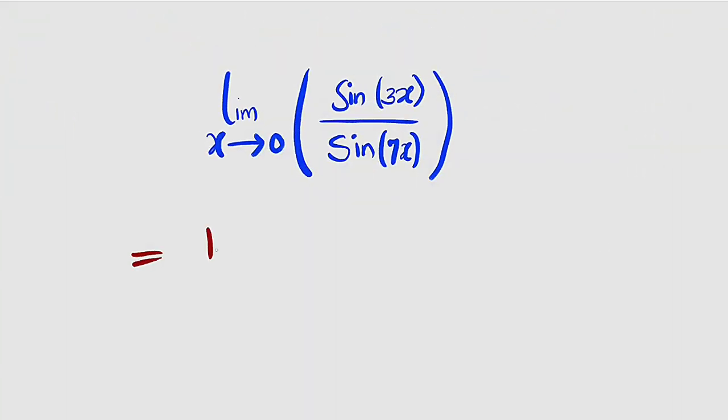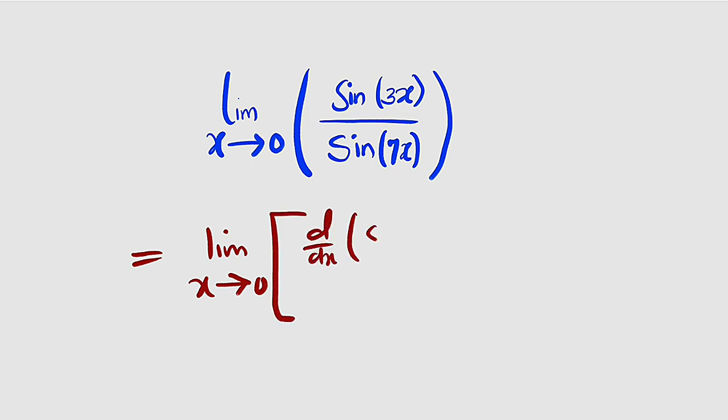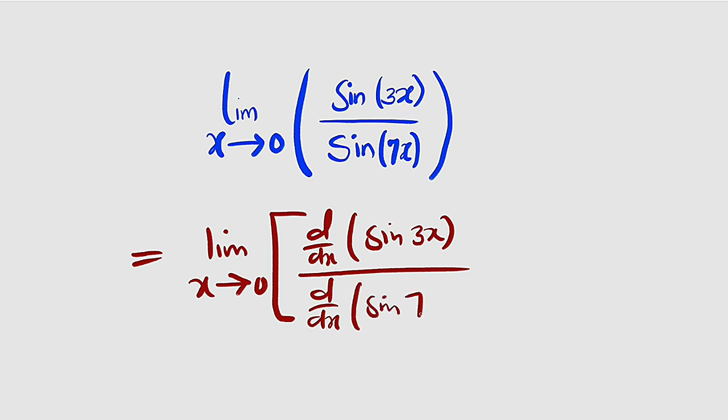This is the same thing as the limit as x approaches 0 of the function d over dx of sine 3x divided by d over dx of sine 7x.